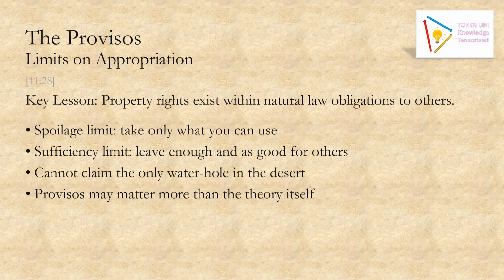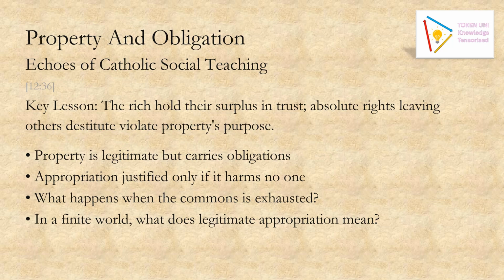Your right to acquire is bounded by others' right to do the same. These provisos matter enormously. They suggest that property rights are not absolute. They exist within a framework of natural law that imposes obligations. The earth is given to all mankind, and private appropriation is justified only when it does not harm others' ability to appropriate for themselves.